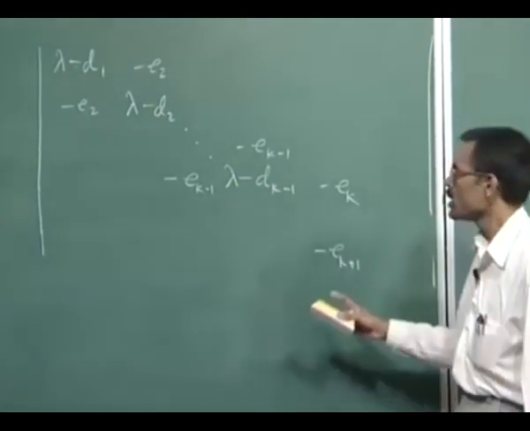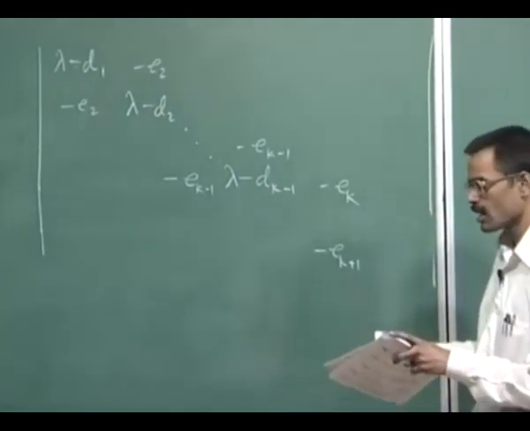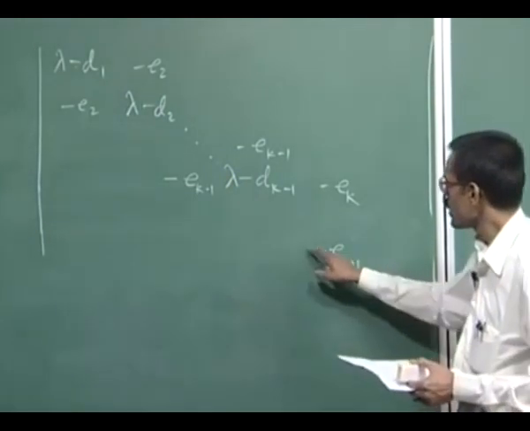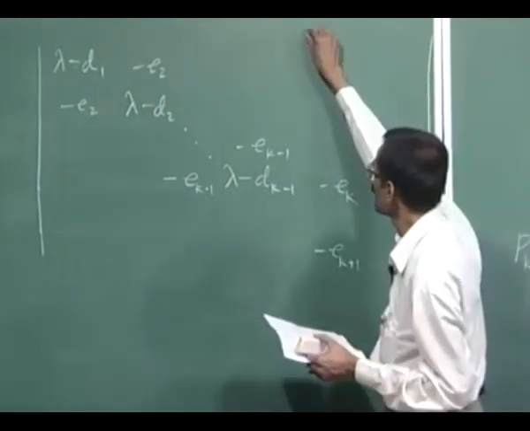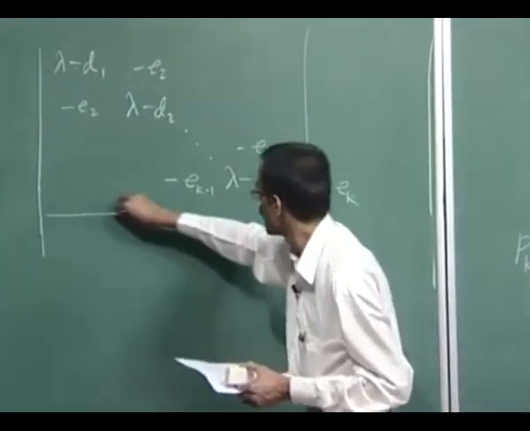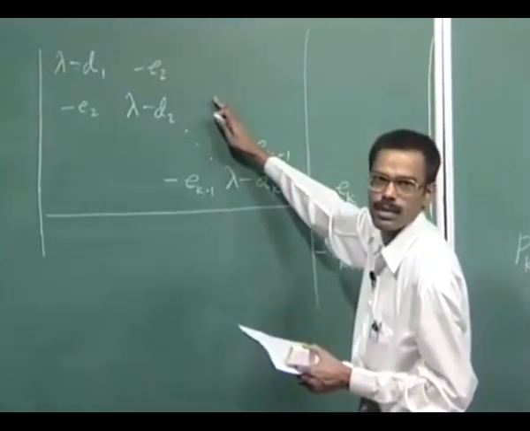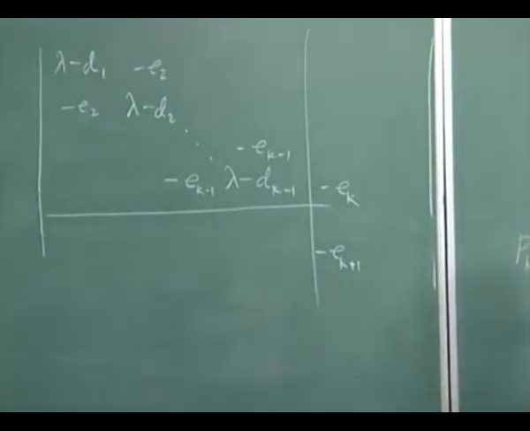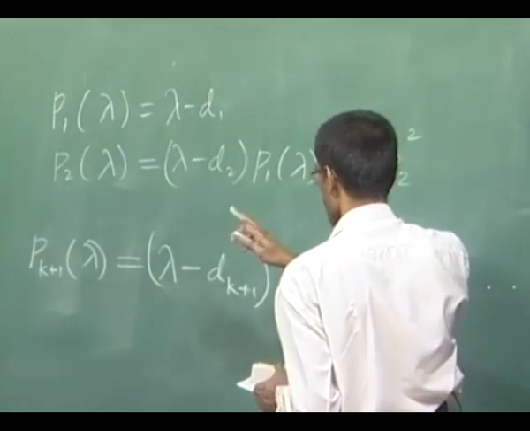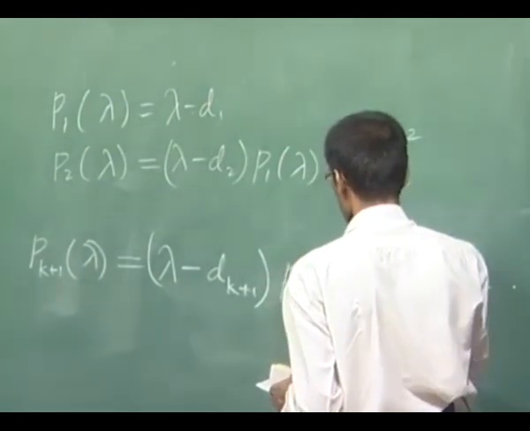So, that means the determinant that we are asking for is this into this determinant, right, and this is minus e_{k+1}. Earlier that minus sign, we have not made it plus.